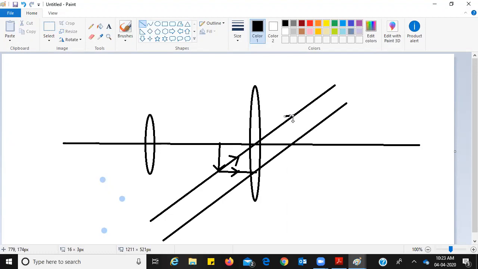Yes, sir, I'm drawing my own diagram. Then I should make this dotted line before. Then the same method back. What should you do?